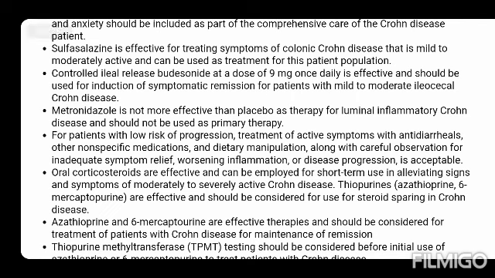Oral corticosteroids are effective and can be employed for short-term use in alleviating signs and symptoms of moderately to severely active Crohn's disease. Thiopurines, like azathioprine or 6-mercaptopurine, are effective and should be considered for use for steroid sparing in Crohn's disease.